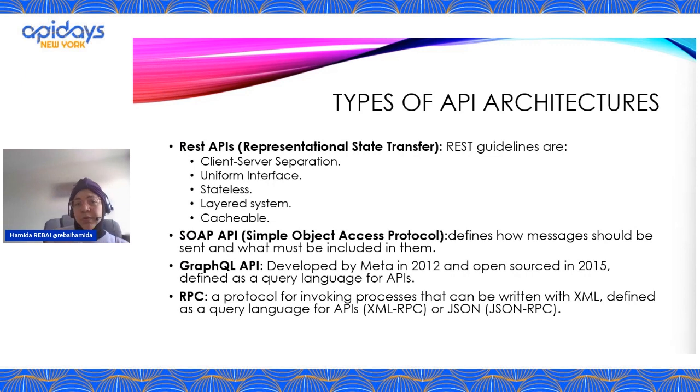So SOAP strictly defines how messages should be sent and what must be included in them. This makes SOAP APIs more secure than REST APIs, although the rigid guidelines also make them more code heavy and hard to implement in general.